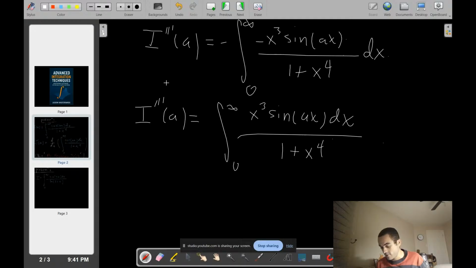Right now, you can see our integral is getting more annoying, right? How are we going to do that? See, our integral here is a bit of an issue.